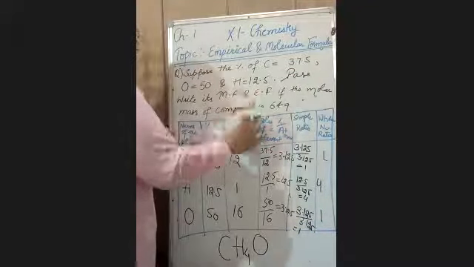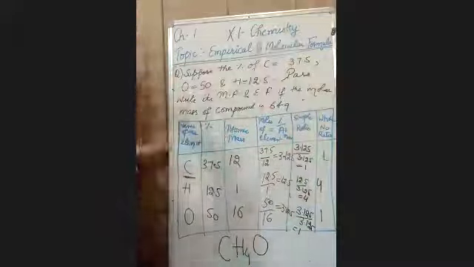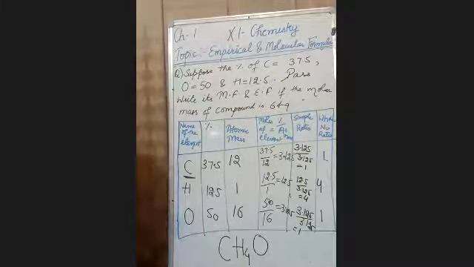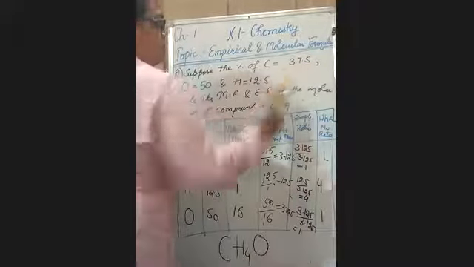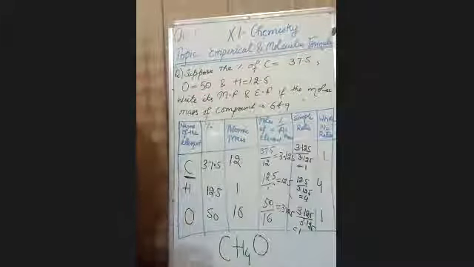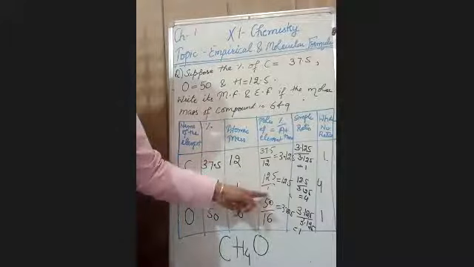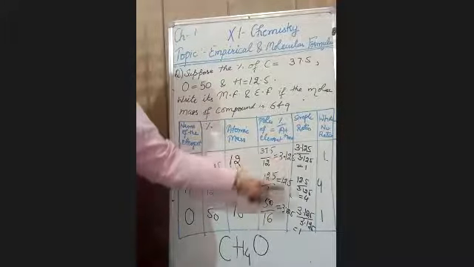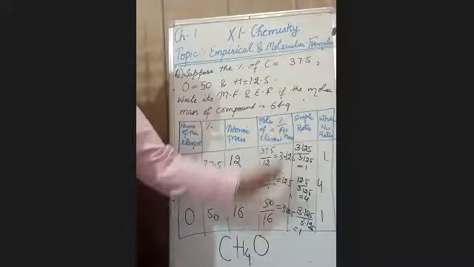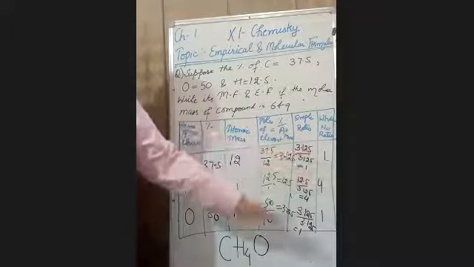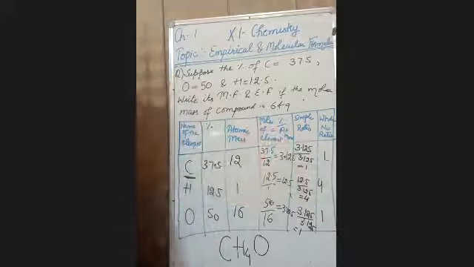P for percentage, A for atomic mass. Percentage over atomic mass. Then calculate the number of moles. After that, choose the smallest number, divide by it, and find the simple ratio.